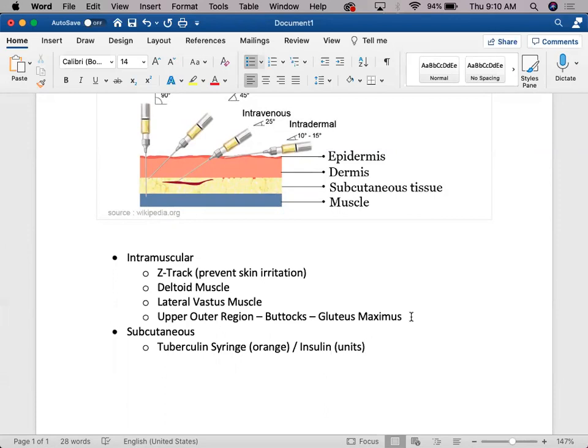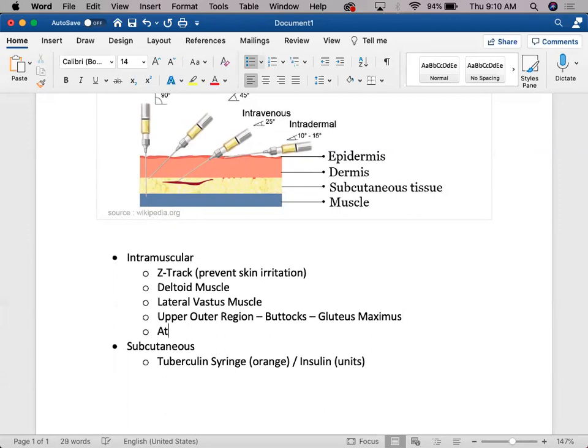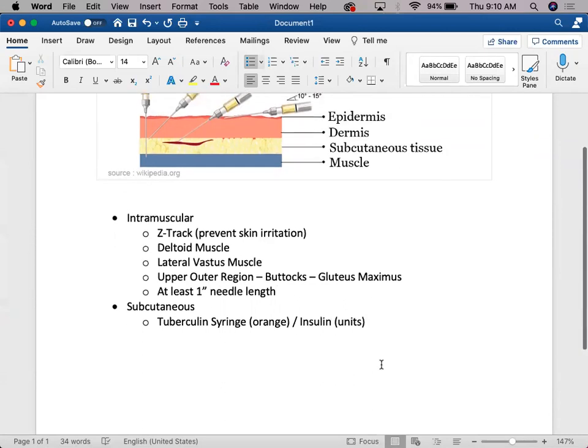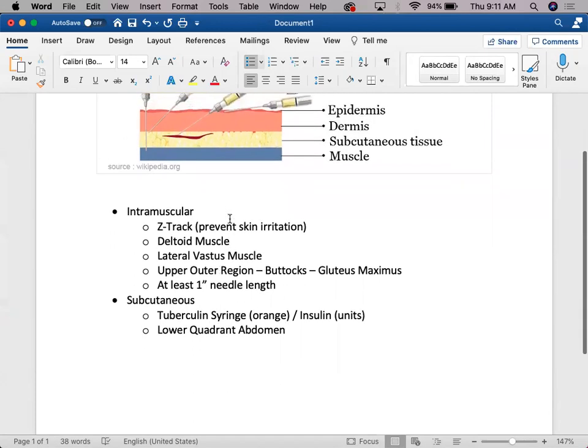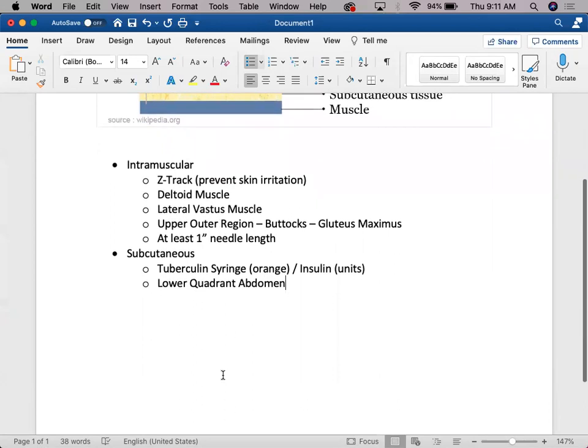What else? Intramuscular, at least 1 inch needle length. Now the tuberculin syringe, and of course, because we could do insulin and subcutaneous, the place that we like is the lower quadrants of the abdomen, because there's a lot of fat, because that's where I want the subcutaneous. I want it in the fat. Okay.